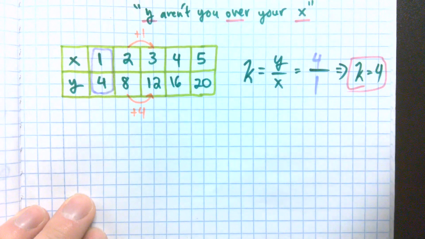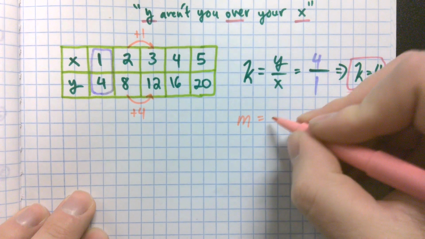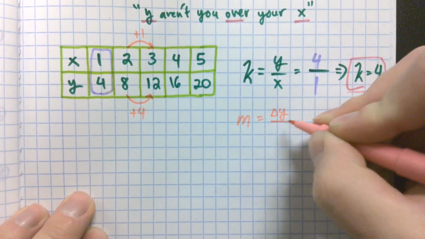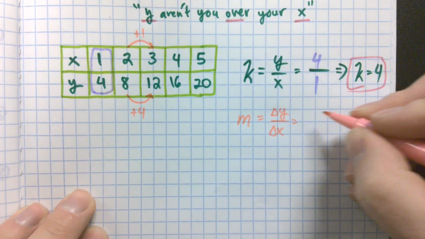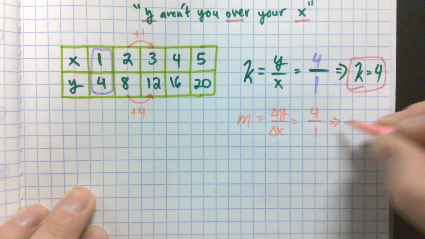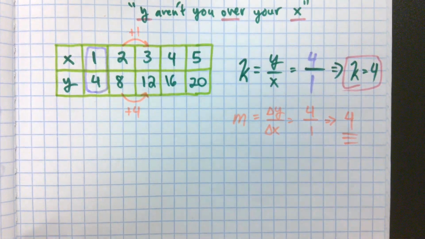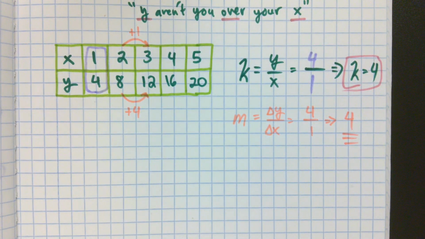Plus 1. Right? M would then be equal to, like we said, the change in y over the change in x, which is positive 4 over positive 1. Which also equals 4.